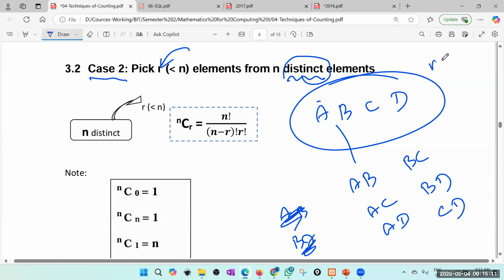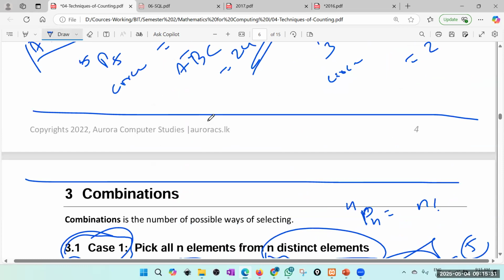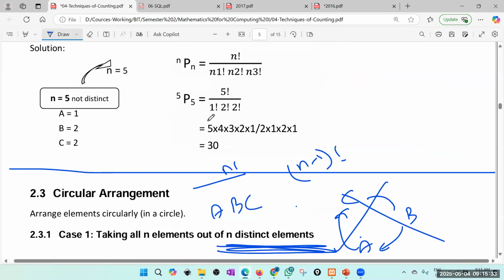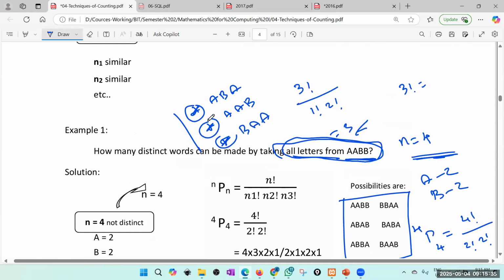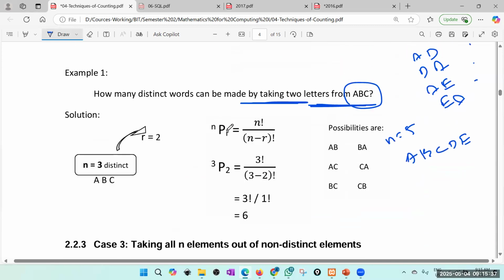So n is 4, r is 2, because we take 2 at a time. Mathematicians have found that we can write it as nCr, that is factorial n divided by factorial n minus r. Remember, this part is nPr: factorial n divided by factorial n minus r.